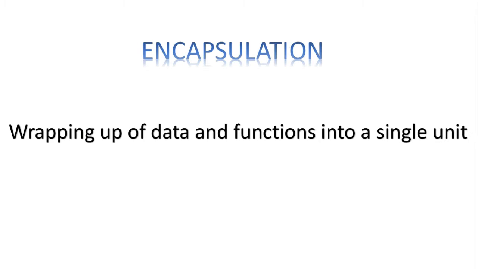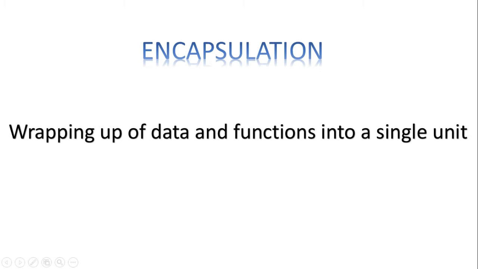Now let's talk about encapsulation. It is wrapping up of data and functions into a single unit. That means we take the data and the function, and then we cover them into one. In the word encapsulation, you can see there is a word called capsule.